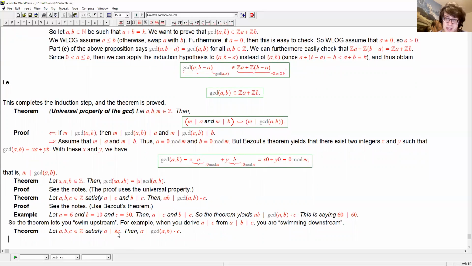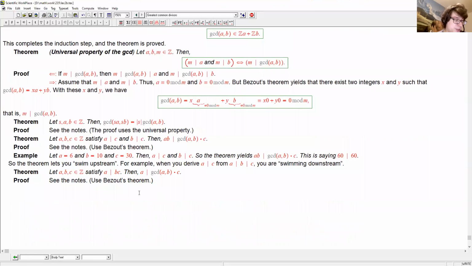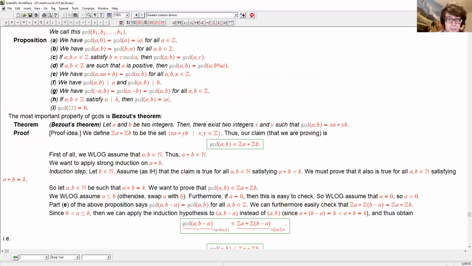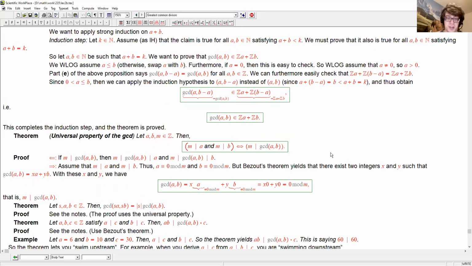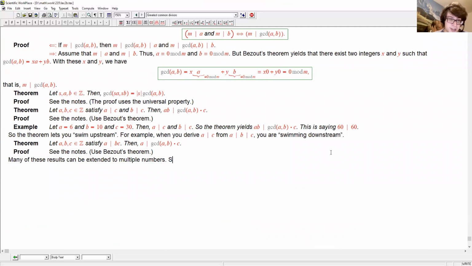In a way, you're getting rid of extraneous factors from this BC. Again, I prove this using Bezout in the notes. There are other ways. And so many of these results can be extended to multiple numbers. In particular, with Bezout's theorem, the GCD will be a linear combination of the B_i with integer coefficients. See the notes for the details.